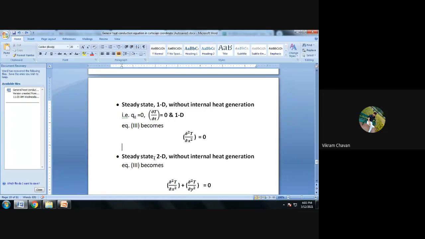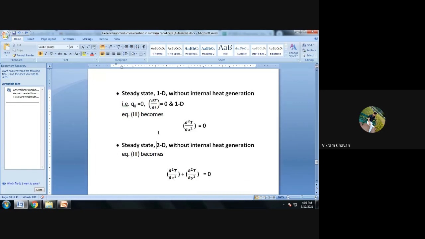Small qg is equal to 0, and two dimensional means we have to consider a two coordinate system, Cartesian coordinates. If you want to consider the x and y coordinate system, you can. If you want to consider x and z, that also you can consider. If you want y and z, that also you can consider.